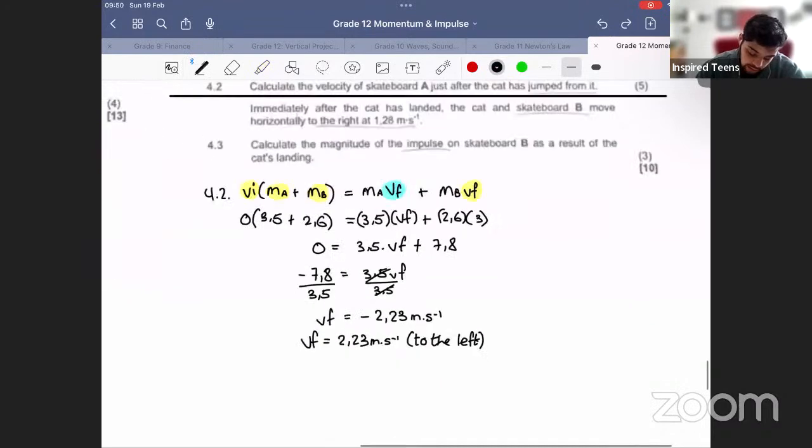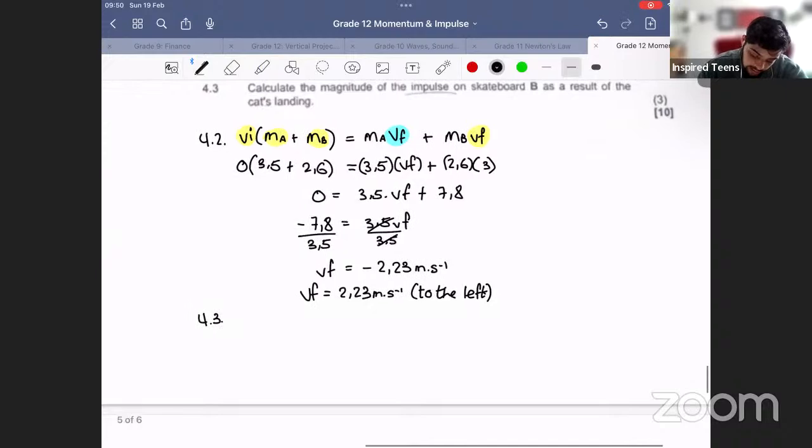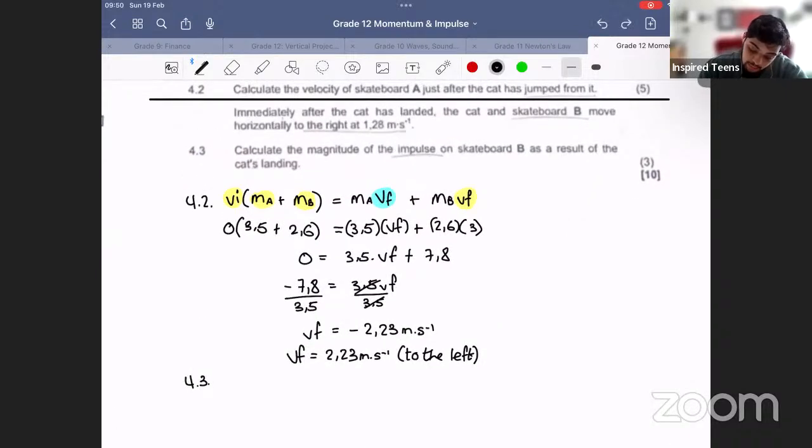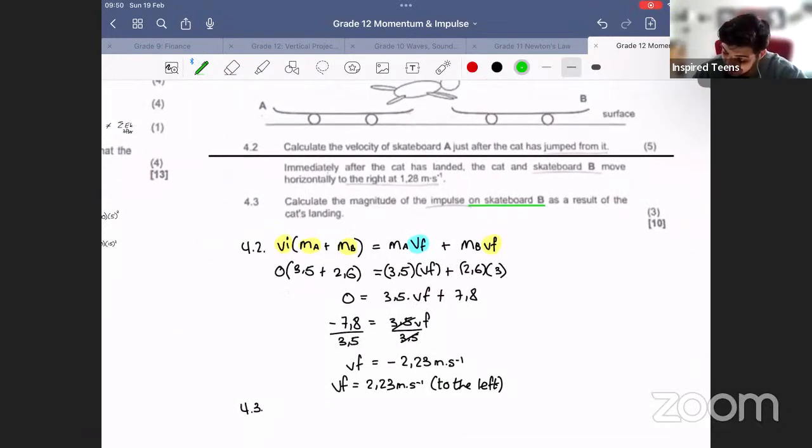Okay, let's look at 4.3 quickly and let's try and answer it before time ends. Well, it's already over, but we'll end slightly late. Calculate the magnitude of impulse on skateboard B. Again, keyword: on skateboard B. We're going to use skateboard B's values, as a result of the cat's landing.